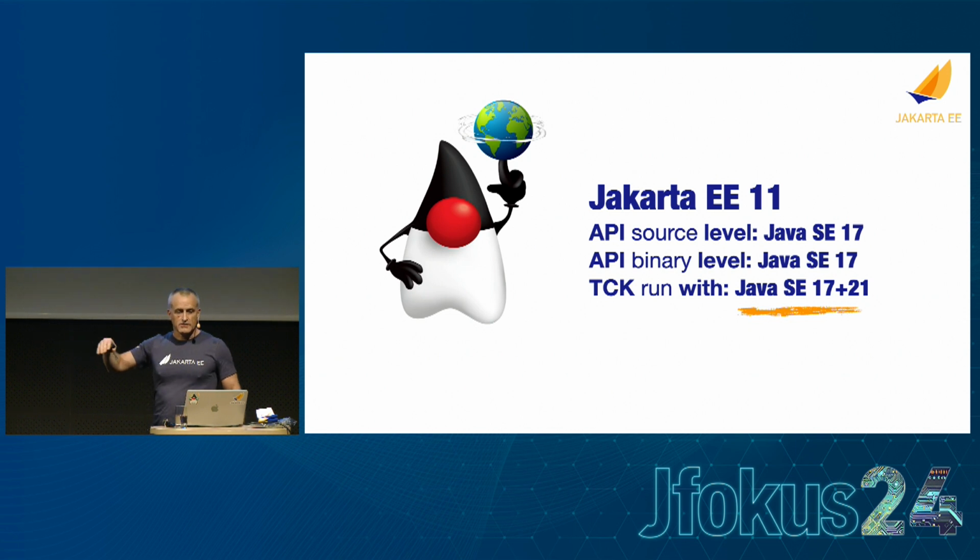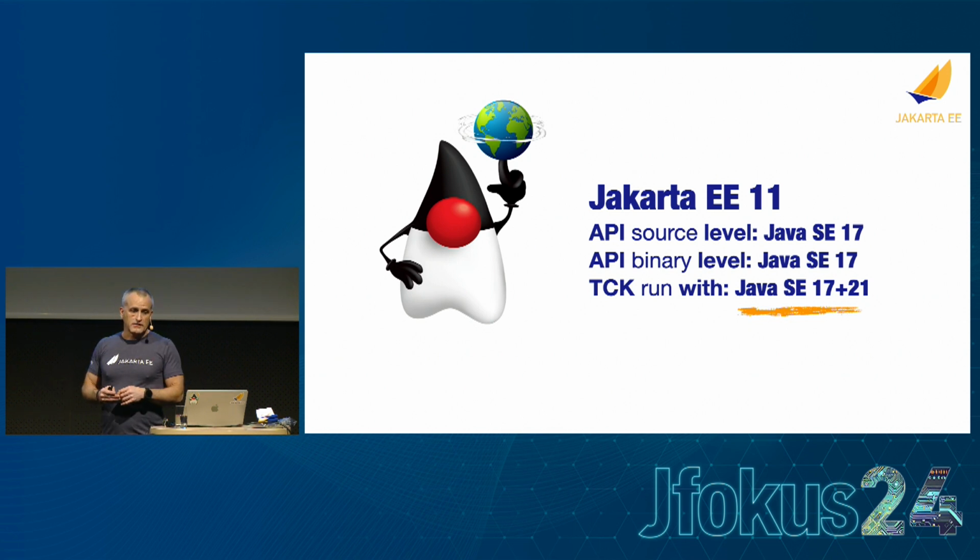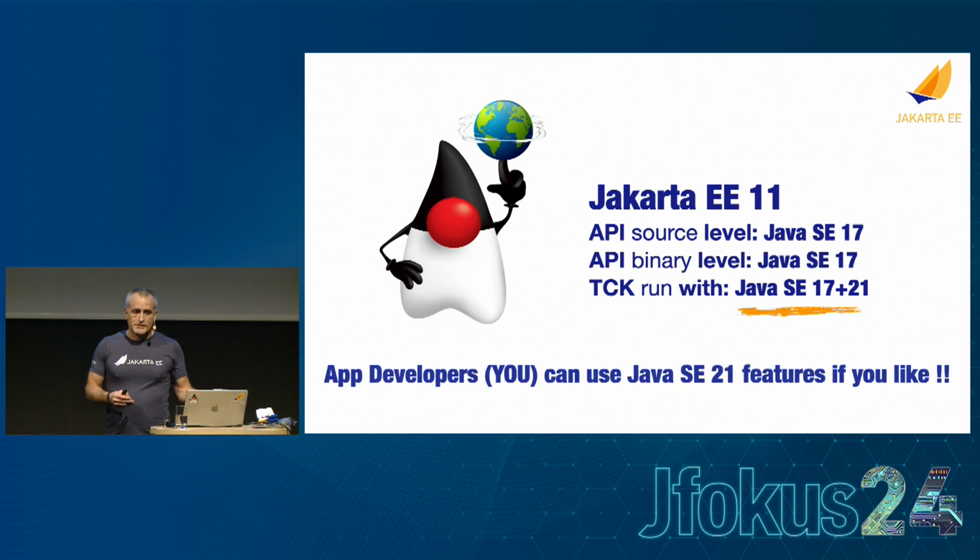And so that means we can compile them to Java 17 and have the TCK run and have compatible implementations on 17 or 21. Many vendors will only do 21 and many vendors will only do 17 or maybe both. So we as app developers can use 21 in any of these if we want. It doesn't matter what the APIs are compiled to, we just didn't need to expose any 21 features through the APIs.